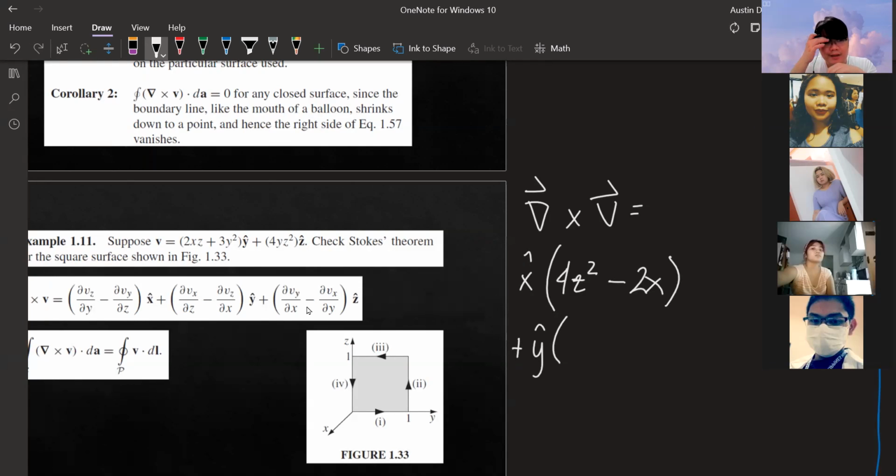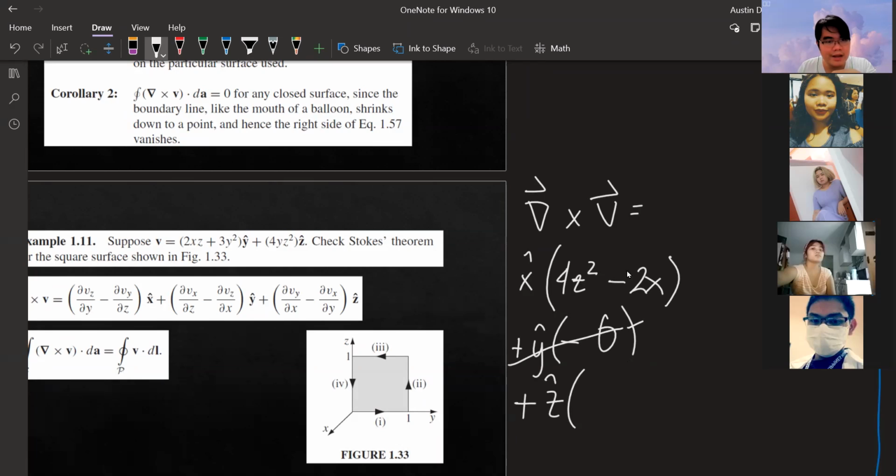Balik tayo ulit sa vz. And that is just negative, so sa VZ mo, i-differentiate mo siya with respect to x. So that is just 0. Oops, sorry. Z hat. Next. Tama, 0 lang to. No? So, lagyan natin ng slash.